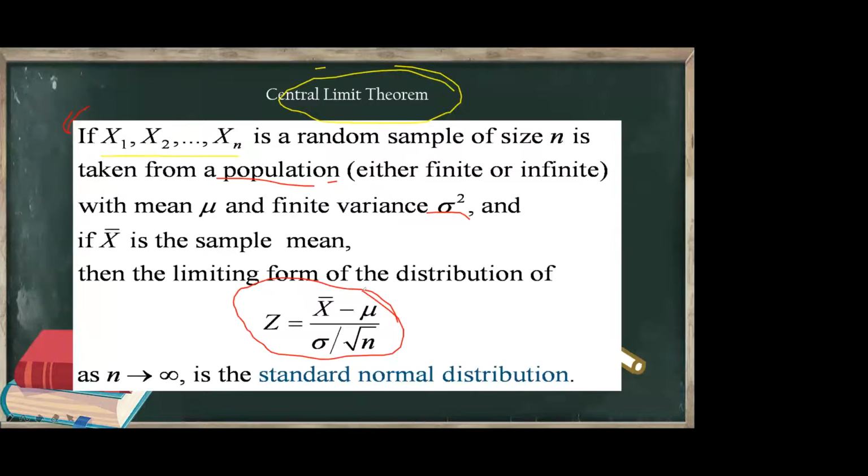If you recall, we have studied the z-score. What is the z-score? Simple. That is z equal to x bar minus mu upon sigma.